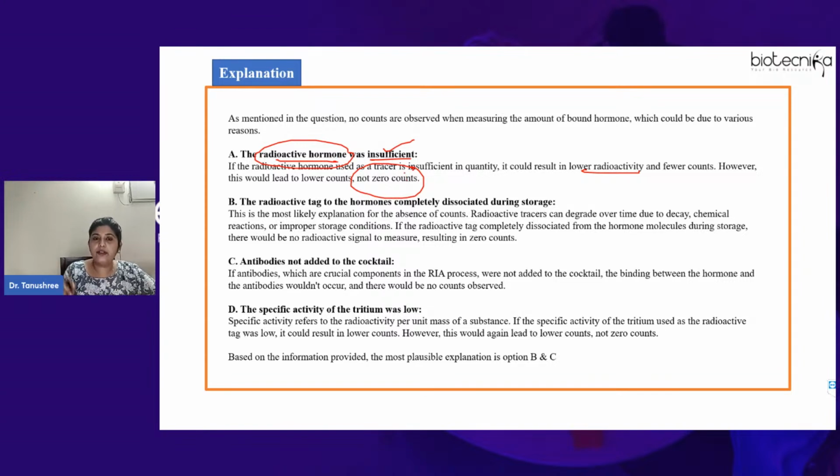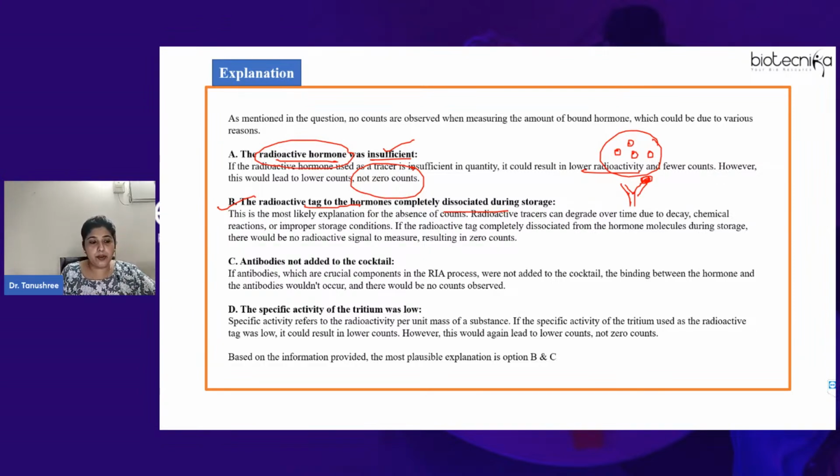Even if you are measuring the radioactivity of the free antigen, here antigen is the hormone I'm talking about, even if they are displaced and are in the supernatant, if you measure it you will get some radioactivity. Or if they are attached to the complex, then also we'll get some radioactivity. So not zero count, that is not possible. So A is incorrect.